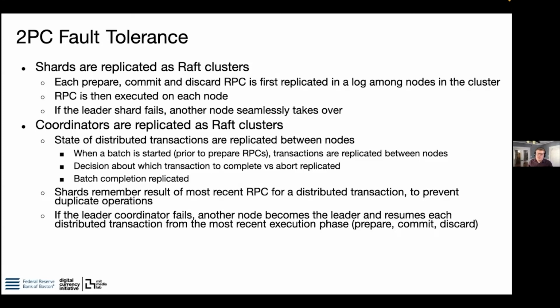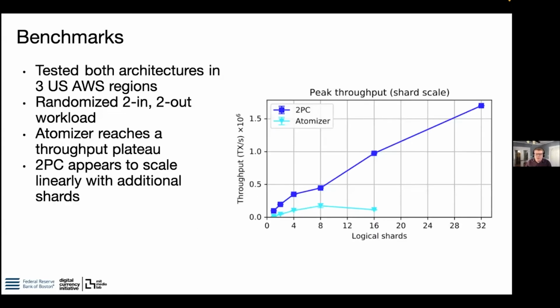So it's a little bit more of a complicated fault tolerance story, but it ends up with a decent trade-off in terms of performance. So finally, if we take a look at the benchmarks that we ran, just at a very high level, obviously there's a lot more detail in the paper, and I really encourage you to read it. There's a lot of good stuff in there. We tested both architectures in AWS in a multi-regional configuration.